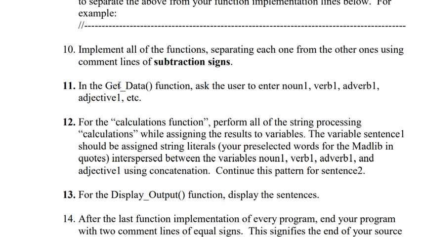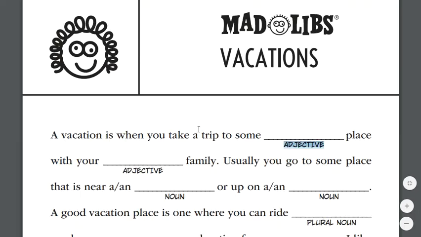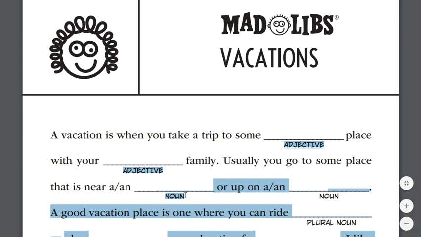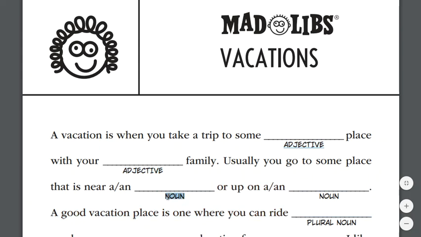So again, getData is going to ask for noun 1, verb 1, adverb 1, adjective 1, etc., all the way through the 2's. In the calculations function, you're going to have a string variable called sentence 1. That is concatenating, with a bunch of plus signs, these string literals with whatever the user entered into the variable for the noun, verb, adverb, adjective.